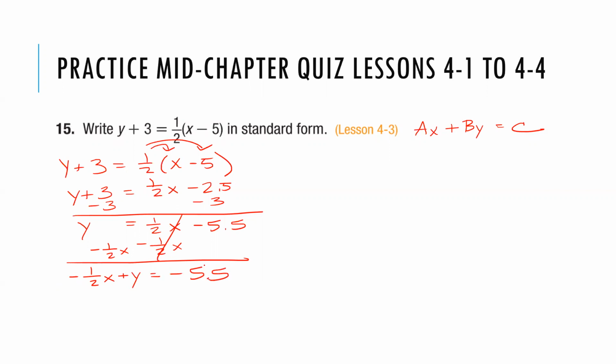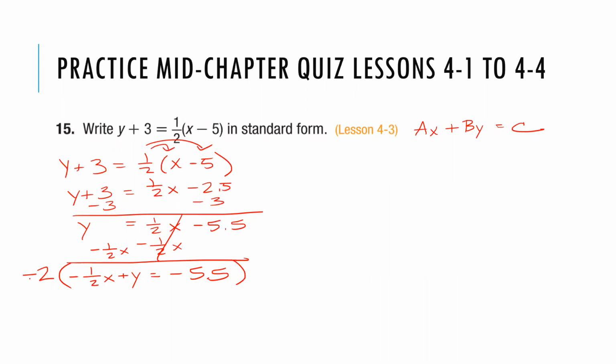Now, when you write an equation in standard form, you cannot have any fractions in the equation. So what we can do is multiply this whole equation by 2 so that this can become a whole number, but also you need to have the value of x be positive. So in order to do that, we would have to multiply by a negative.